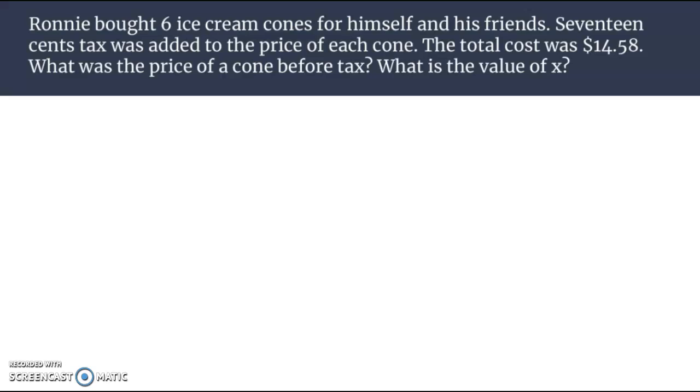Ronnie bought 6 ice cream cones for himself and his friends. 17 cents tax was added to the price of each cone. The total cost was $14.58. What was the price of the cone before tax? And what is the value of x? Okay, a couple things here. Total cost, $14.58.